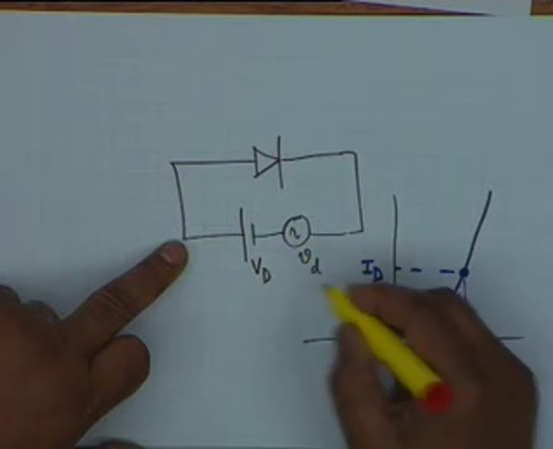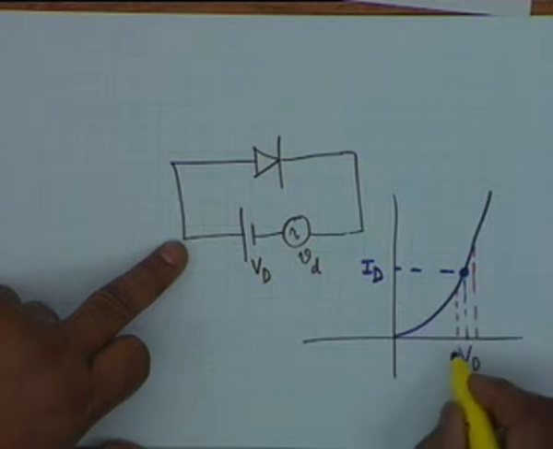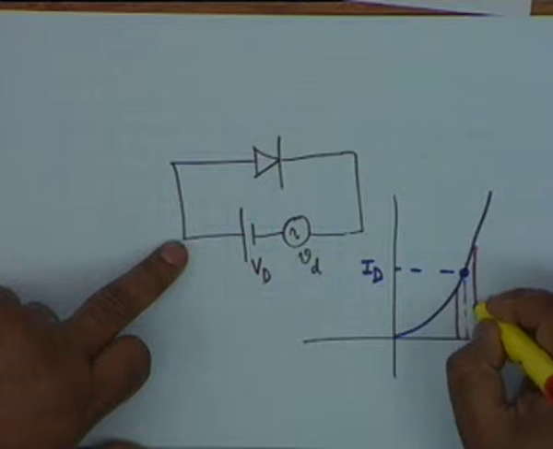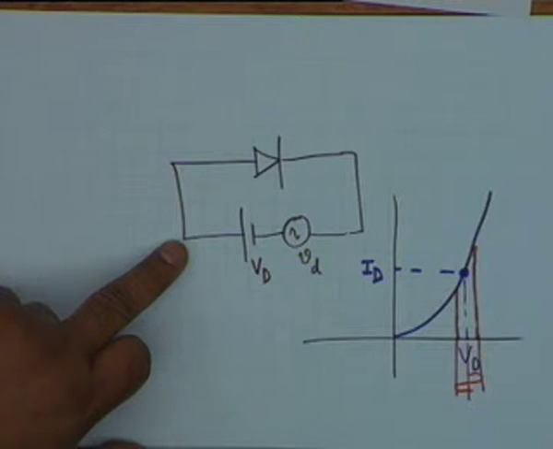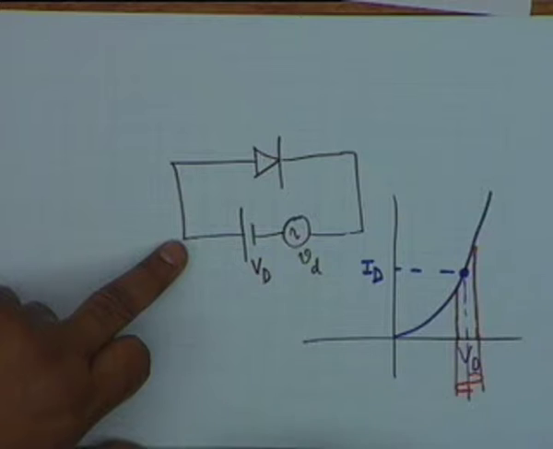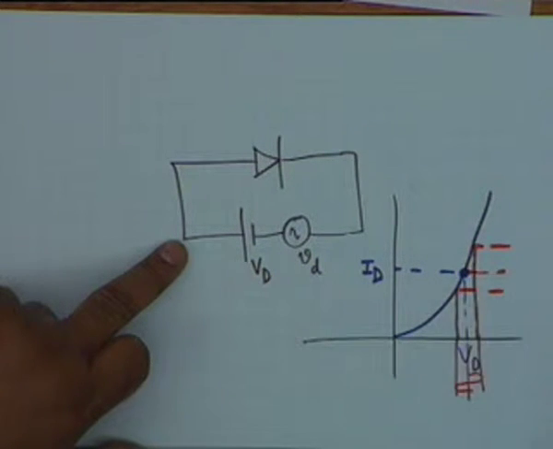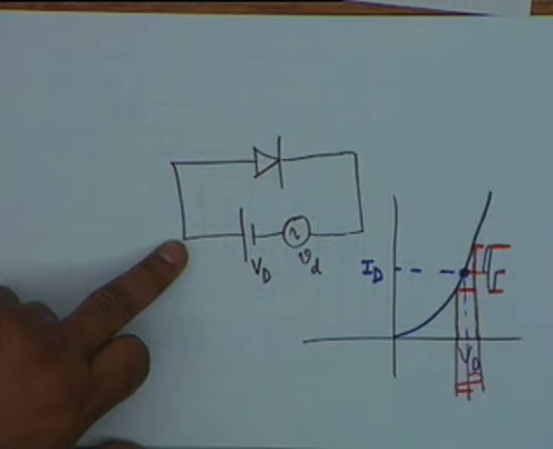Let us say if this is AC, then maybe the diode voltage can vary between these two limits, the limits drawn by the red lines. Maybe the diode voltage varies like this, superimposed on a large DC, that is a small voltage small v, and then the current through the diode shall also be sinusoidal and it will flow like this.